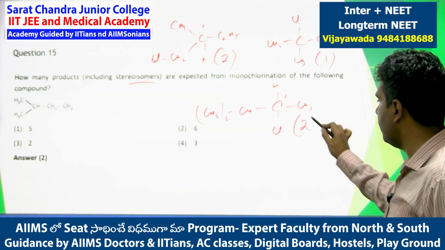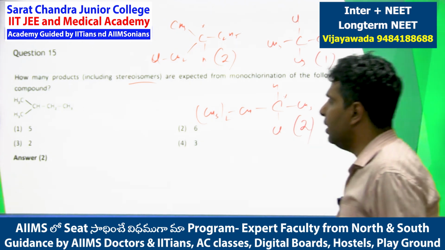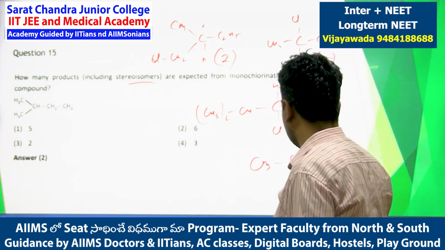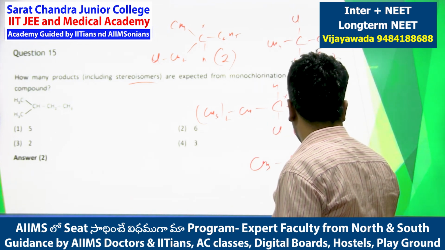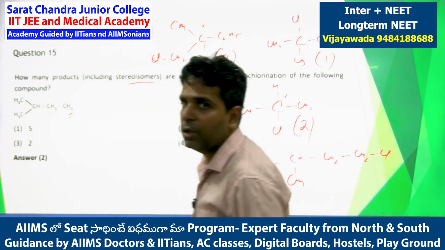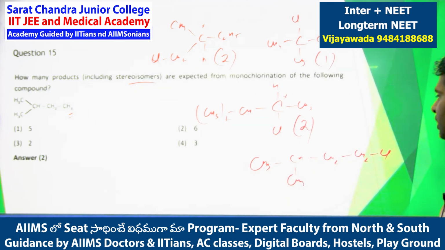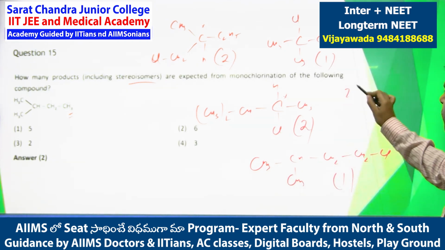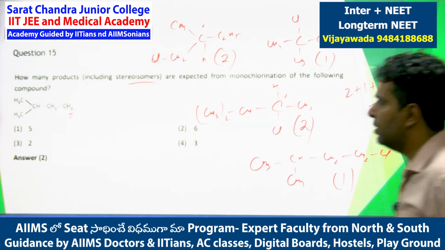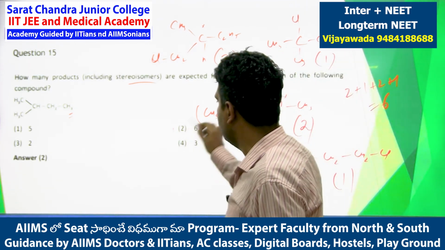So this will also be counted as 2. And in the last one I am replacing this hydrogen with chlorine. So there is no chiral carbon in this, so this will be counted as 1. So total will be 2 plus 1 plus 2 plus 1, that is 6. So the answer will be 6.